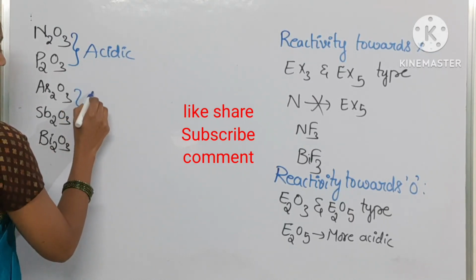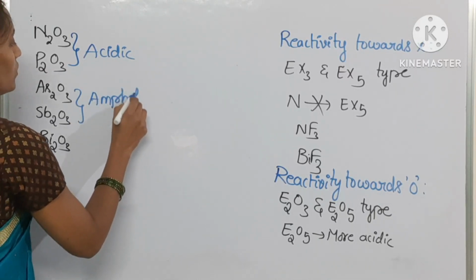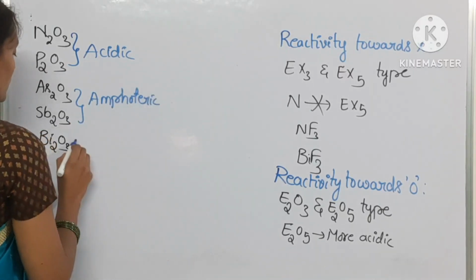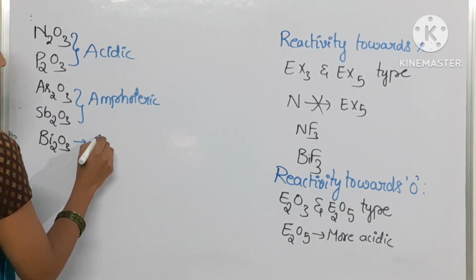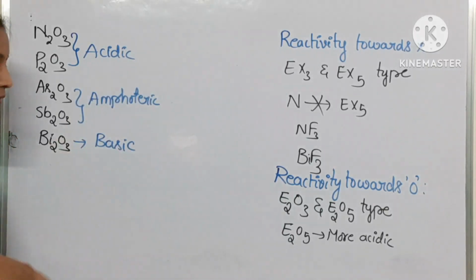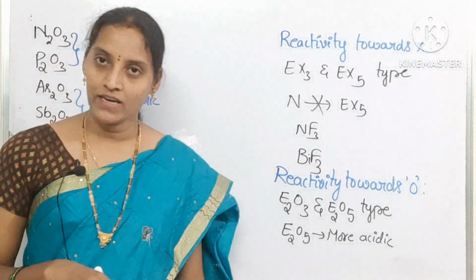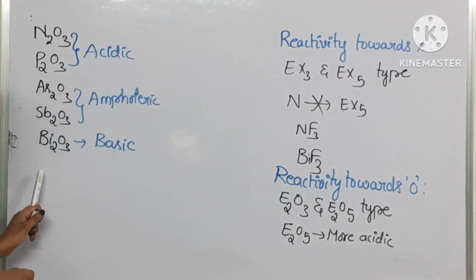These two oxides are amphoteric in nature. This oxide has basic nature. So that means down the group basic nature increases and acidic nature decreases. This is about reactivity towards oxygen.